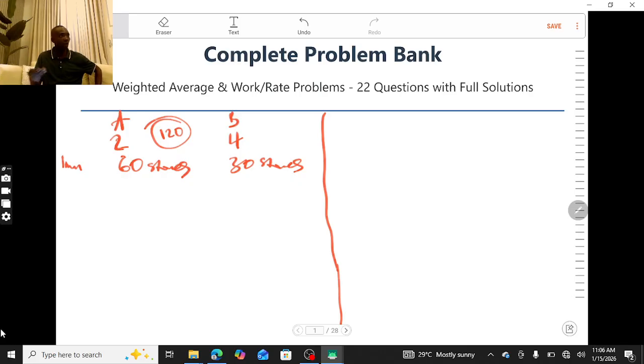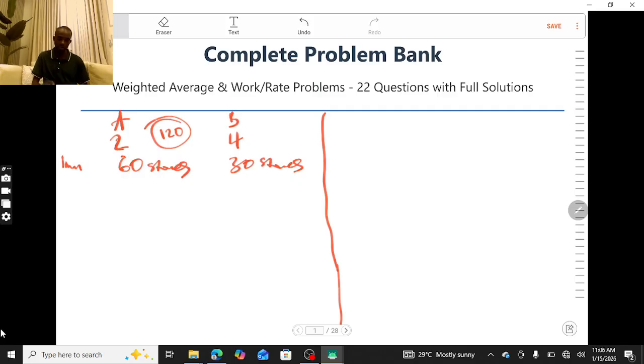But let's say we work for 10 seconds. 60 stones in 1 minute is the same thing as 60 stones in 60 seconds, and it's the same thing as 10 stones in 10 seconds.